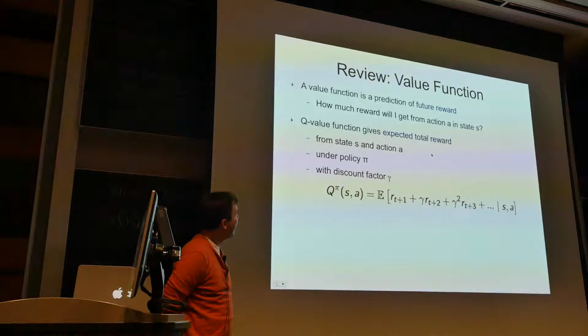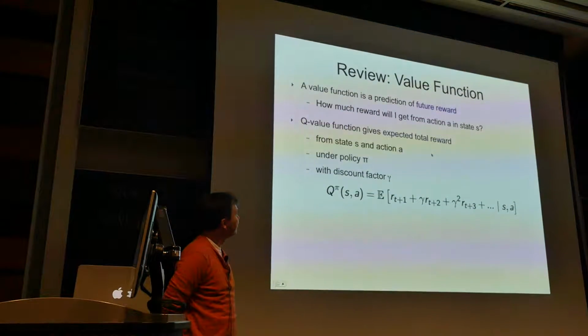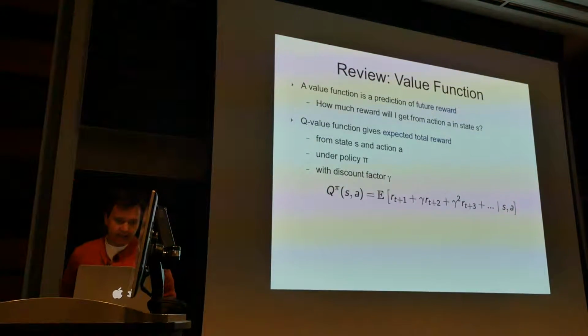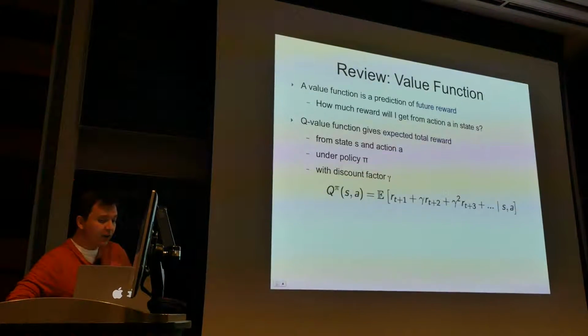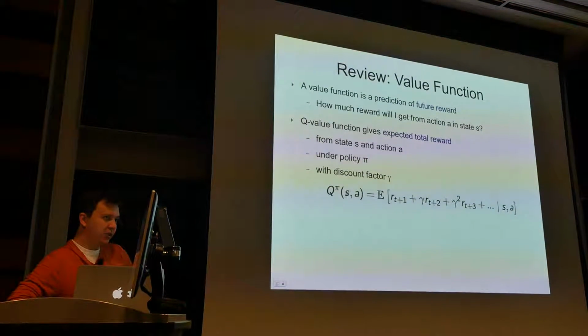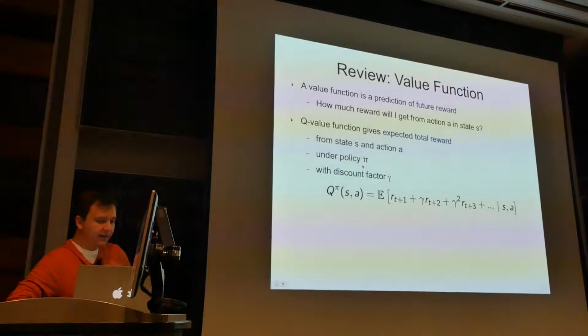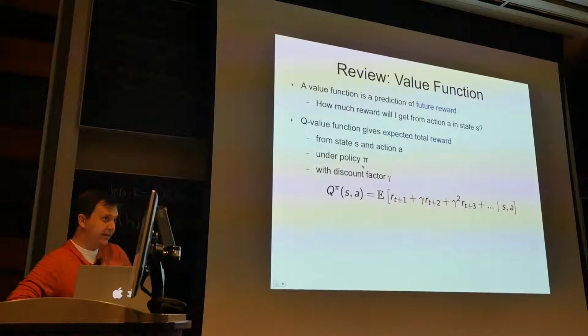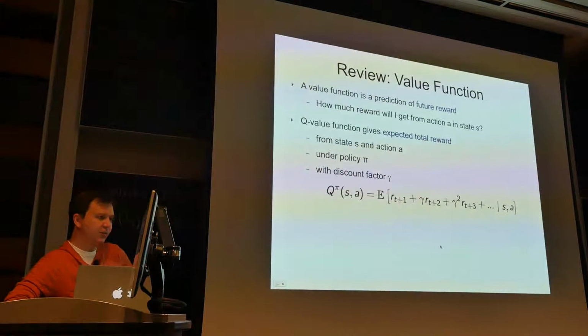So here's the definition of your Q function. You should know what that is. From state S and action A, so it's a function of the state and the action, under policy pi, whatever your current policy is, which takes the action given the state. And then with the discounting factor, this is the definition of the Q function. It really is telling you the expected future discounted reward.